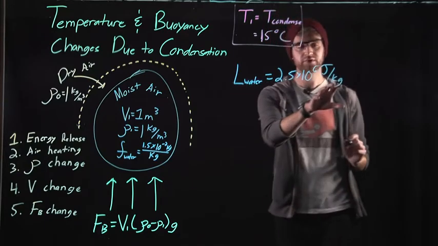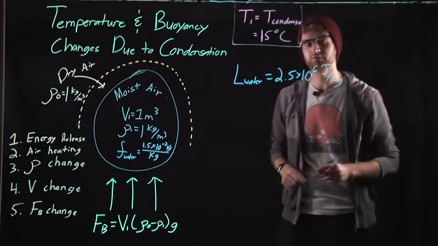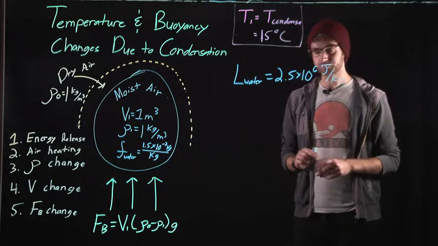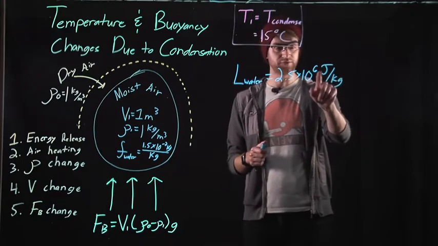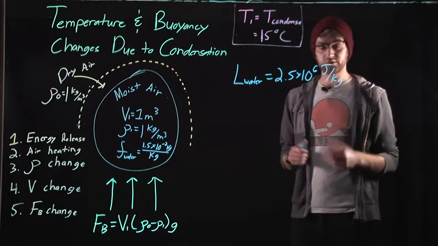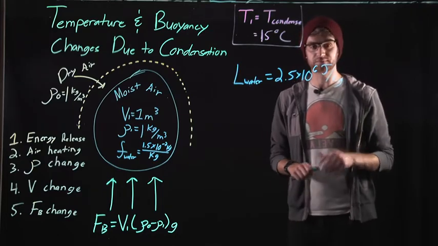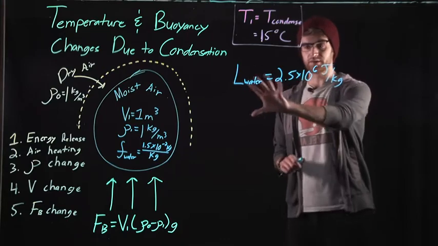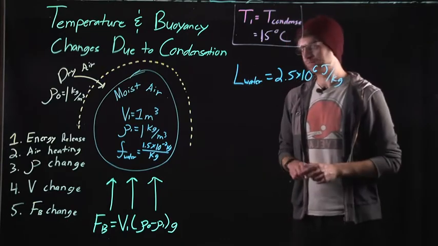So for every kilogram of water in this phase change, it releases 2.5 times 10 to the 6 joules. We want the answer in joules, which means we need to know the mass of the water released so that we can multiply it by the latent heat and cancel out the kilogram term.